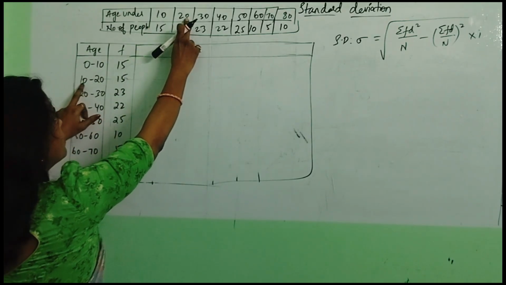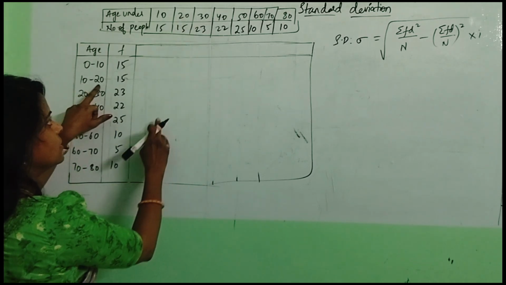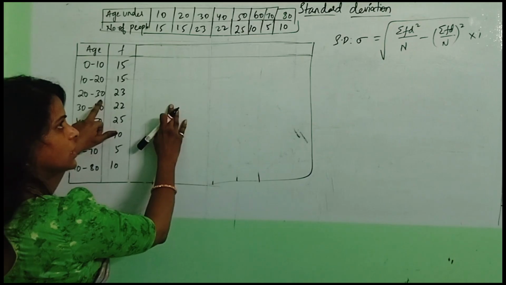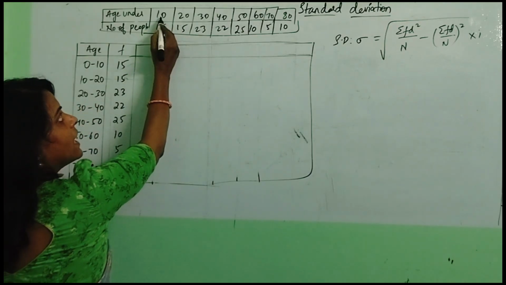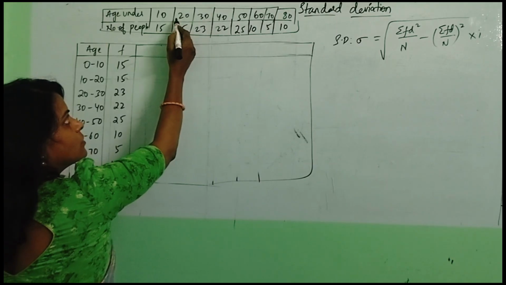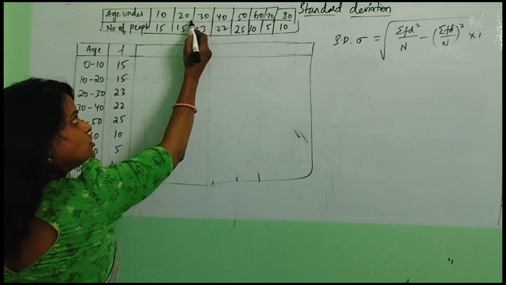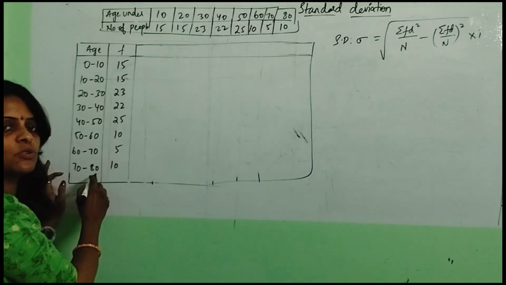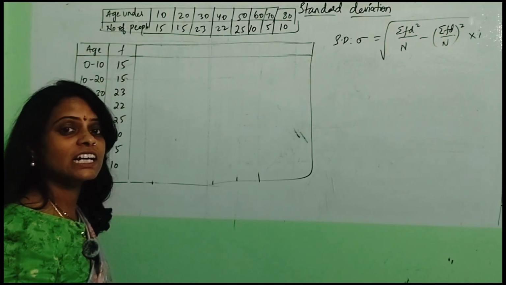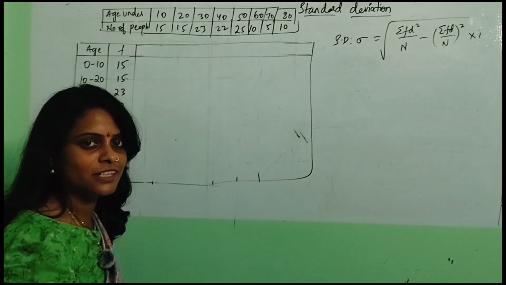Next 20 will be written as 10 to 20. Next 30 will be written as 20 to 30. So below that, 10 will be 0 to 10, next 10 to 20, 20 to 30, 30 to 40. In that way we have to write down the series. That is the reason it is a continuous series, not a discrete series.